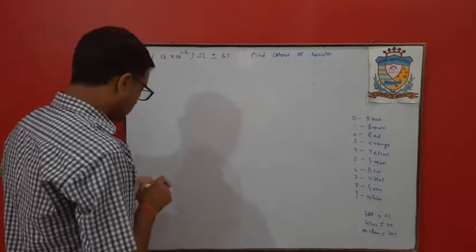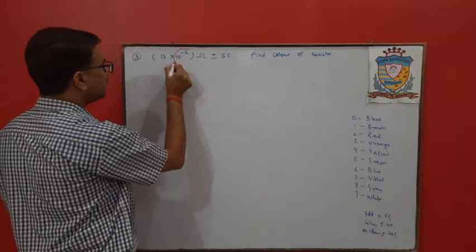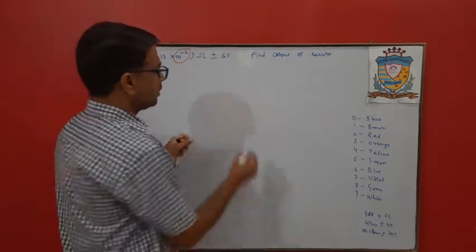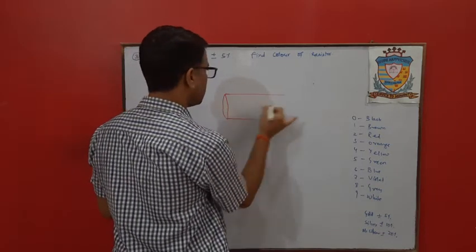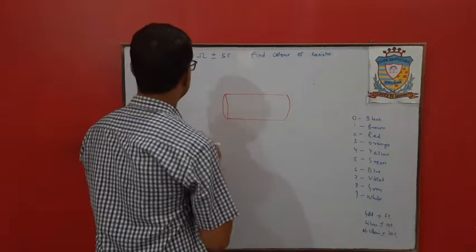So here, as you can see, we have 10 to the power minus 2, and this is the third place.